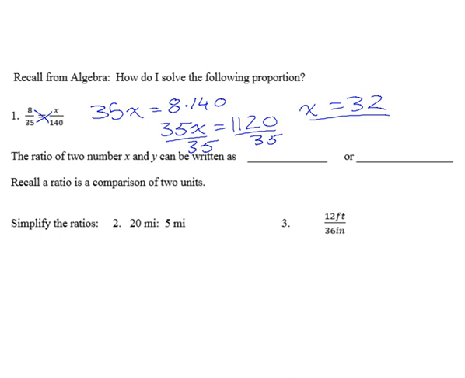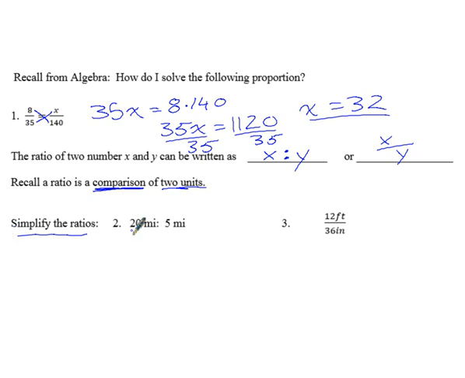A ratio is when we have two numbers and we can write them in two different fashions. We can write them as x is to y, or we can say x is to y as a fraction. What you need to remember is that a ratio is a comparison of two units. So anytime you are simplifying a ratio, your answer should always have two numbers in it instead of one.